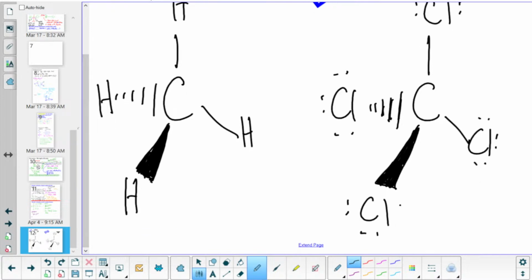So chlorine has all of these extra electrons that hydrogen doesn't have. It's physically bigger with more shells. So we've got the first shell, the second shell, and then you see that third shell that it's covalently bonded to. So there's a ton more electrons on here. This is a much bigger atom.